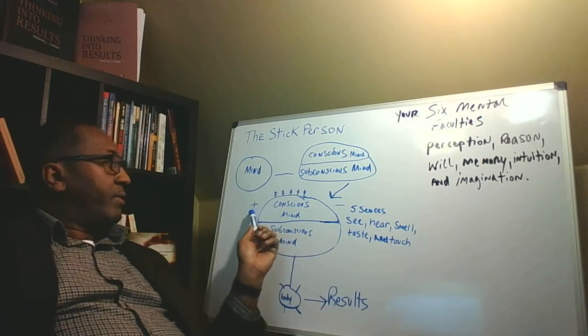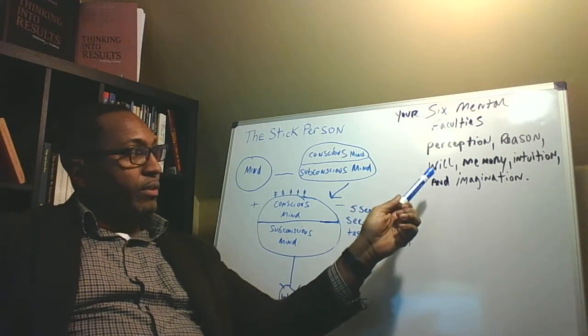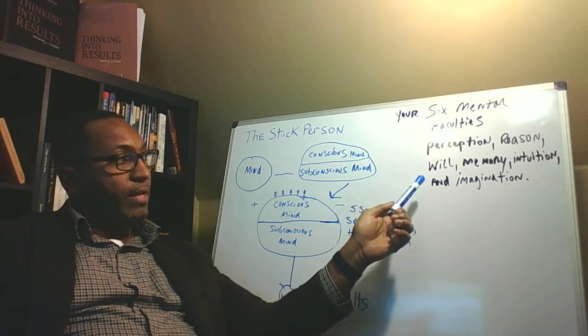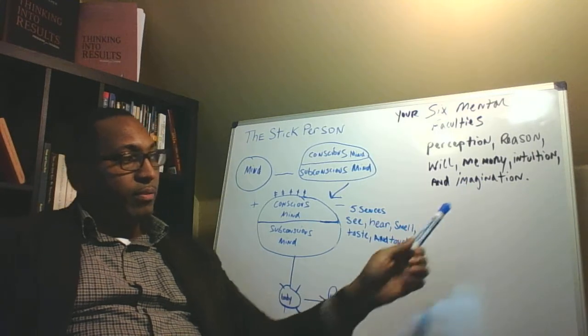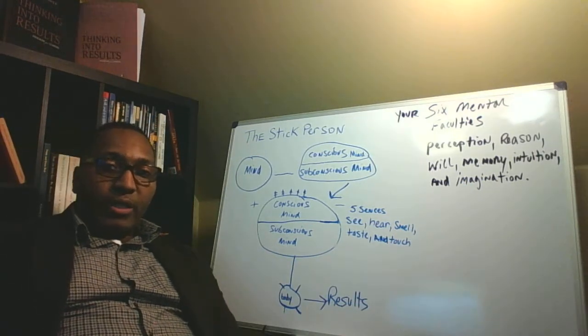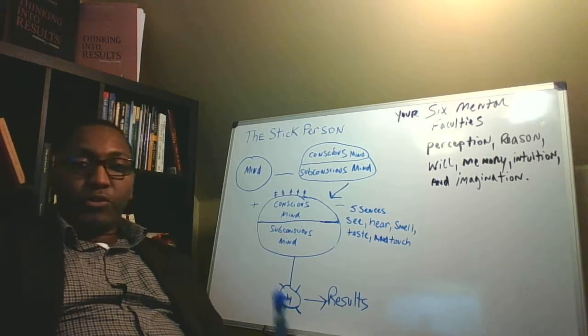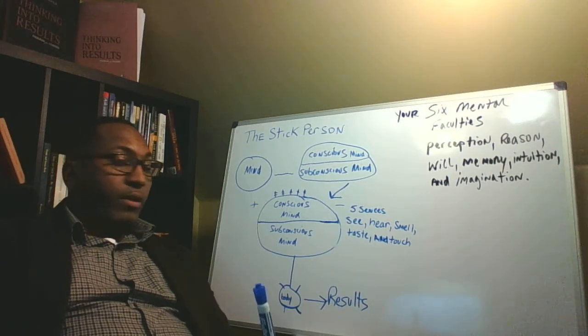On the other hand, on a positive note, when you begin to learn to focus on your six mental faculties, or your six intellectual factors, your perception, reason, will, memory, intuition, imagination, your life will begin to change in a way that will be beneficial to you, your company, and anybody around you, including your family.